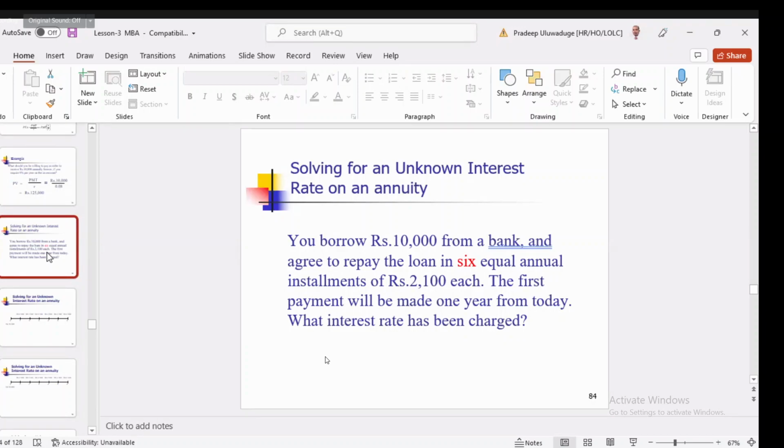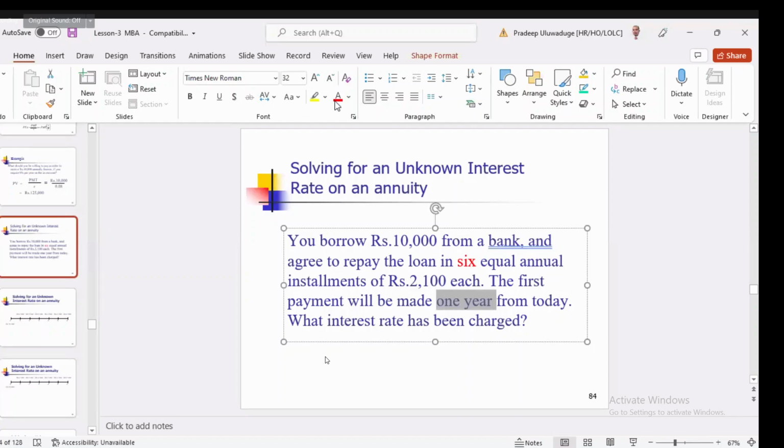You borrow 10,000 from a bank and agree to repay the loan in 6 equal annual installments of rupees 2,100 each. The first payment will be made 1 year from today. This sentence is important: it says that it's an ordinary annuity.